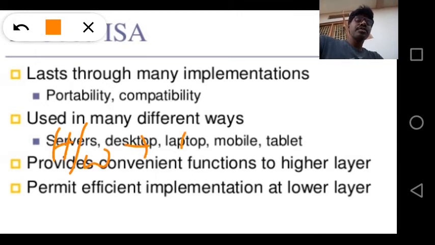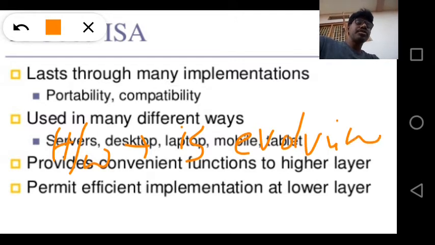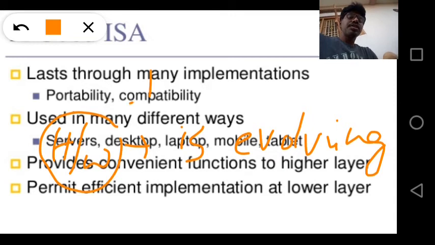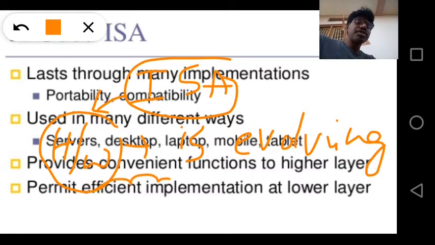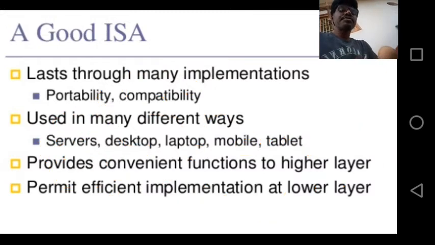Hardware is evolving. It is getting changed continuously. Still this instruction set architecture should be compatible with the hardware versions, version 1, version 2, version 3. This is called compatible.